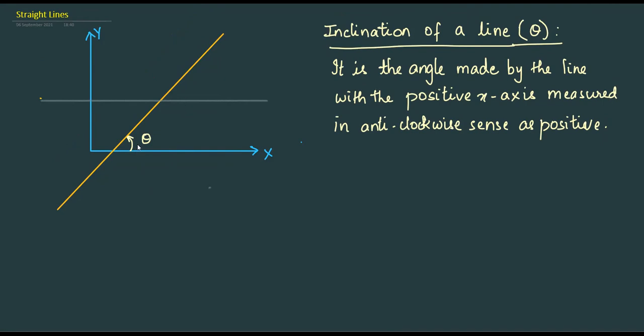Then another line can make an acute angle, and another line makes an obtuse angle with the positive x-axis.